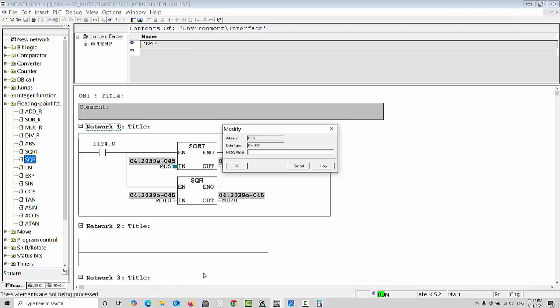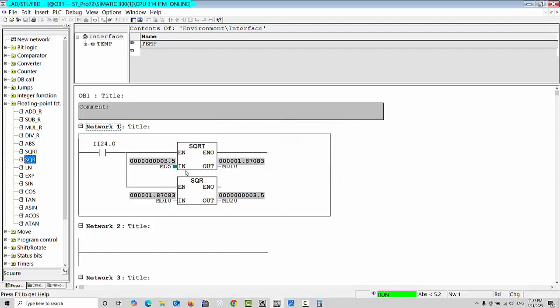You can see this also in the variable table. For example, 3.5. If I put 3.5, you can see this is the square root of 3.5, 1.87083, and when I put this value in the square command, you can see the value is 3.5.